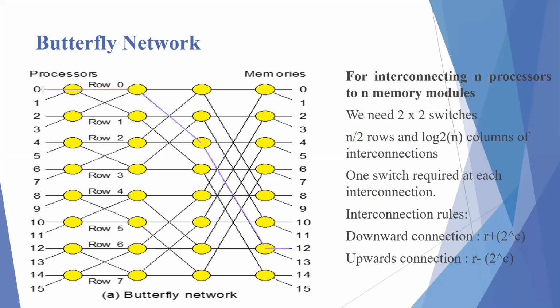So when we talk about multiple processing systems, we have multiple processors connected to multiple memory modules. We might have an MISD architecture, or an SIMD architecture, or any other architecture which has multiple processors and multiple memory modules. In any of those architectures, we will have to connect all processors with all memory modules. We can never have a single memory module or a single processor as a standalone unit.